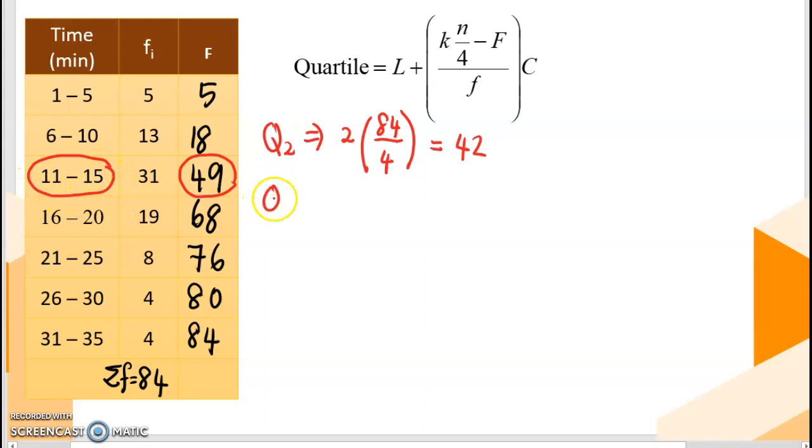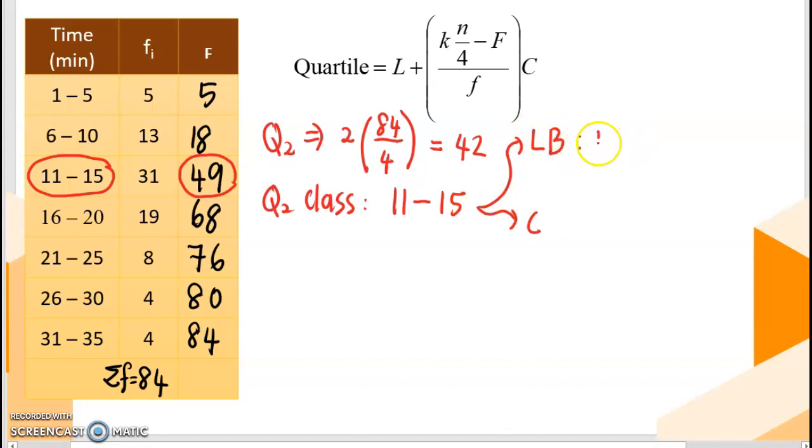So our Q2 class will be 11 until 15. From here, we can get its lower boundary and its C. Lower boundary is 10.5. Its C will be 15.5 minus 10.5, which equals 5.